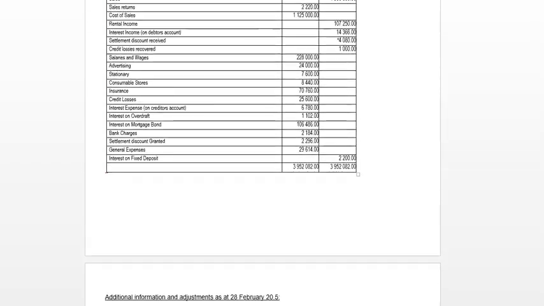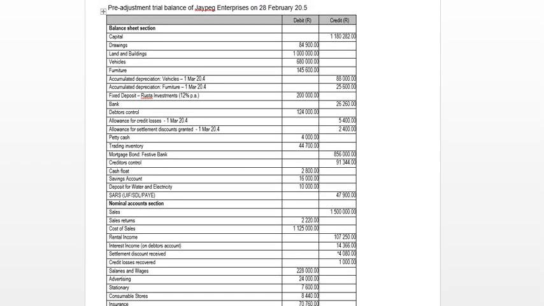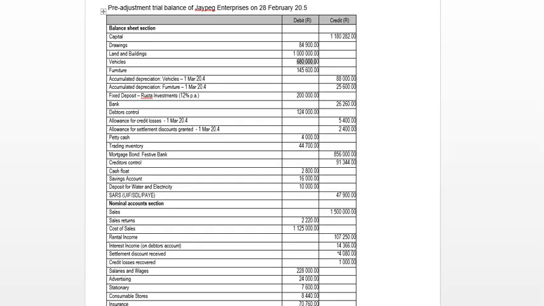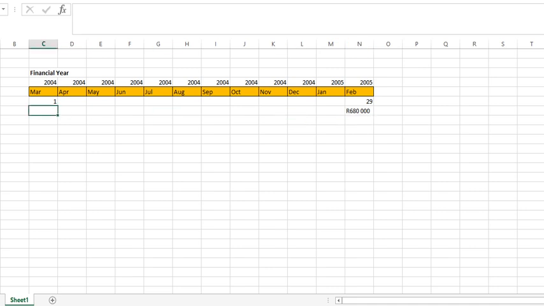So firstly, at the end of the financial year, our vehicles had a balance of 680,000 Rand. Okay, and at the beginning of the year, our vehicles had an accumulated depreciation of 88,000 Rand. So that was on the 1st of March 2004.